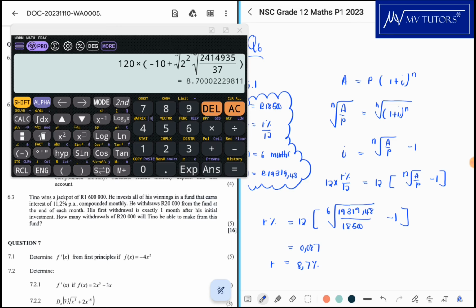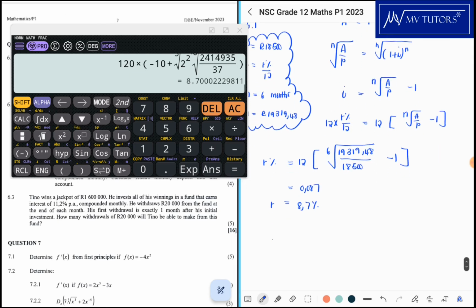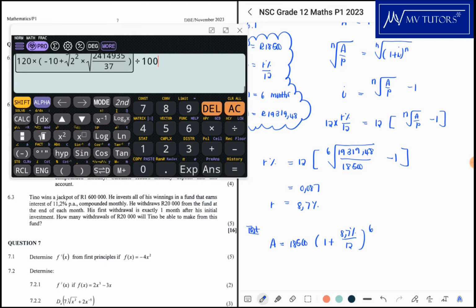And let's just test quickly if this works out. So if I put 8.7% and I'm looking for A, this is us testing. You do this when you have time, all right? If you don't have time, please do not do that. So 1 plus 8.7% all over 12 to the power 6. Okay, so 8.7%, let me just divide that by 100 again.